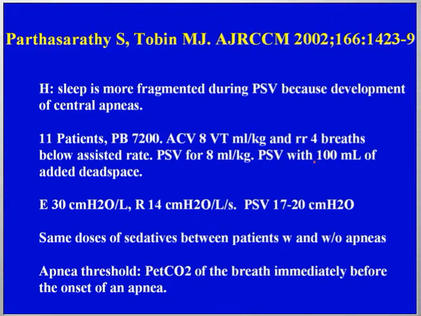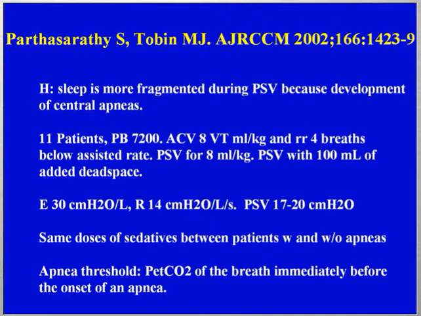And then they still studied pressure support by adding 100 mL of dead space. Here are the mechanical characteristics of the respiratory system of these individuals, and you can see that there is a pretty high airway resistance in this group, and these are the average pressure support levels to get this tidal volume.